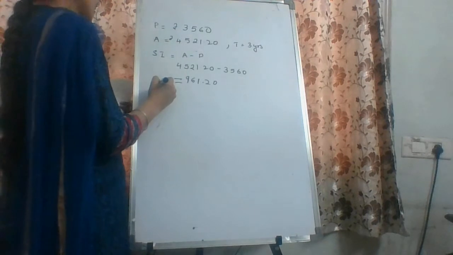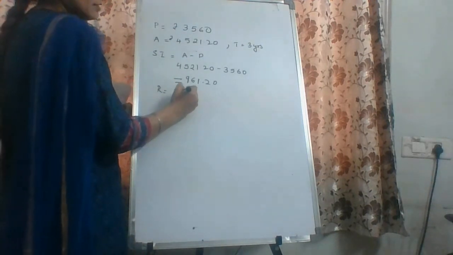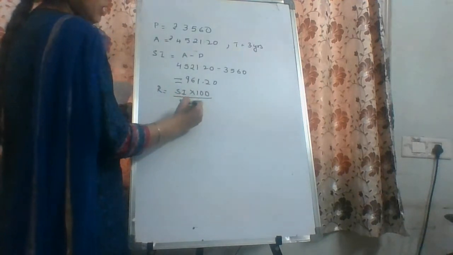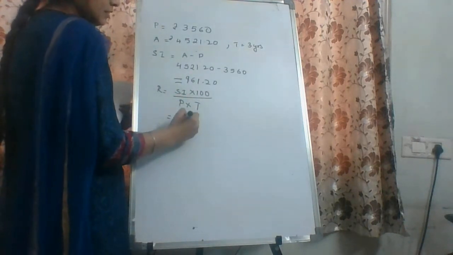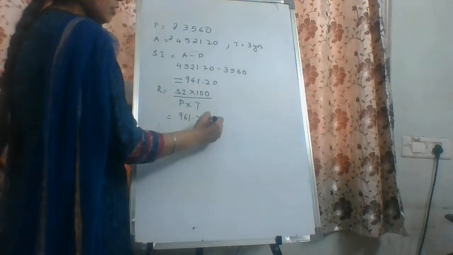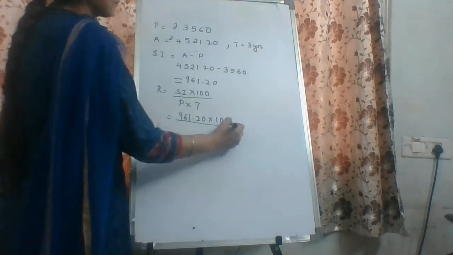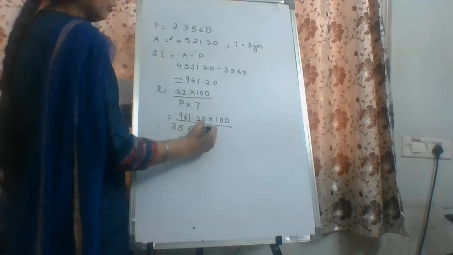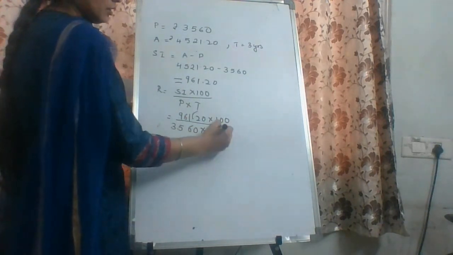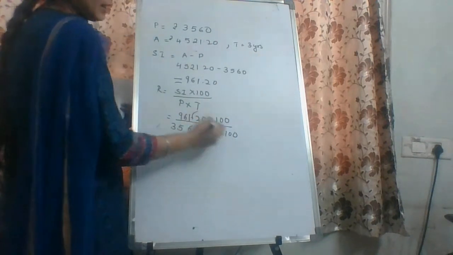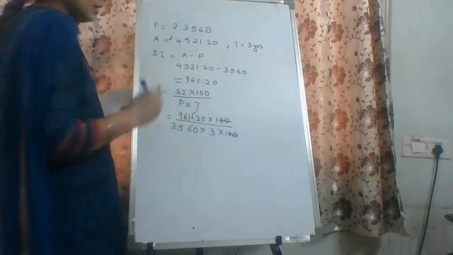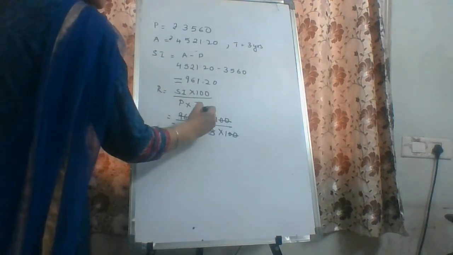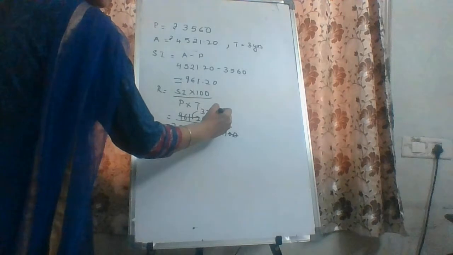Let us calculate rate now. Formula for rate is simple interest multiplied by 100 upon principal into time. 961.20 multiplied by 100. This decimal removes, I get 100 in the denominator also. This gets cancelled. This is equal to 3204.